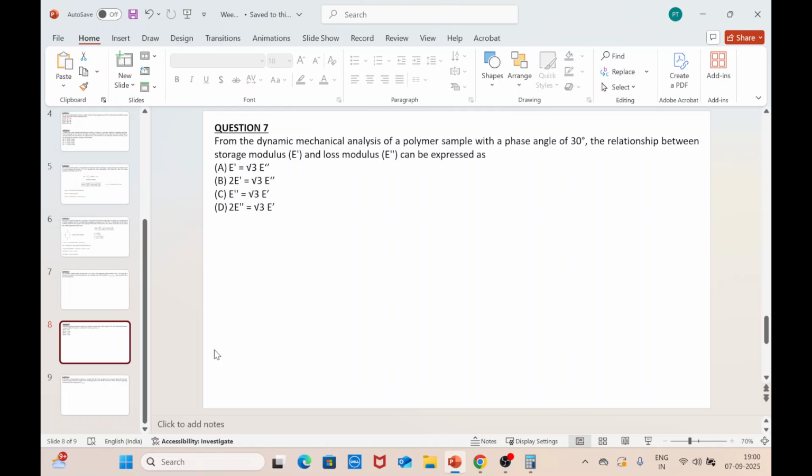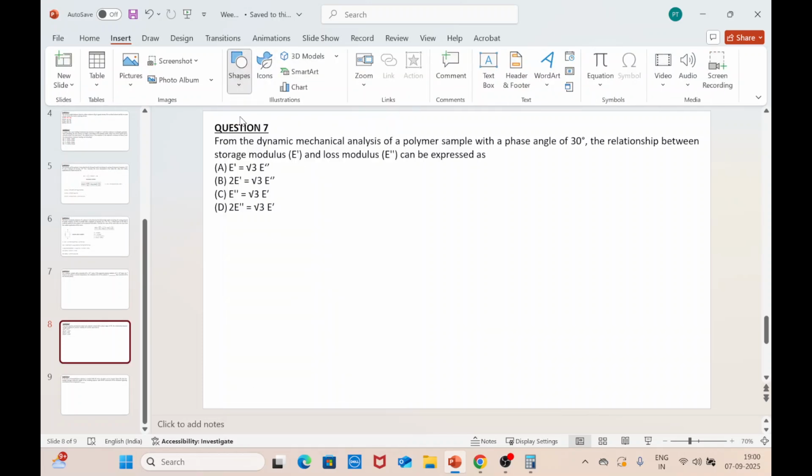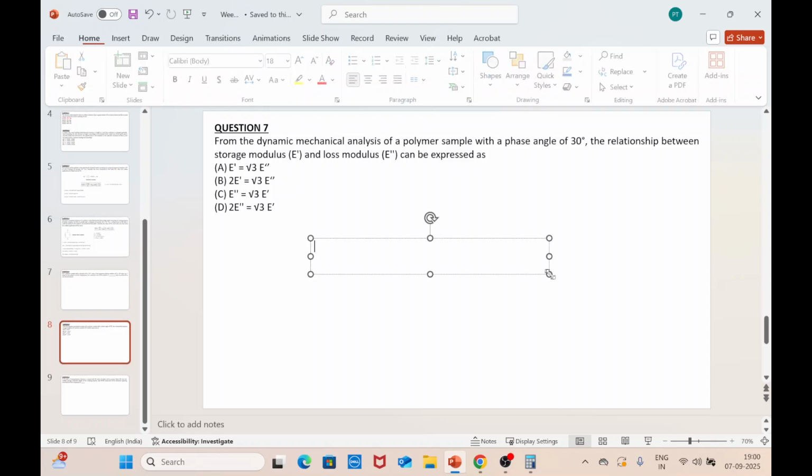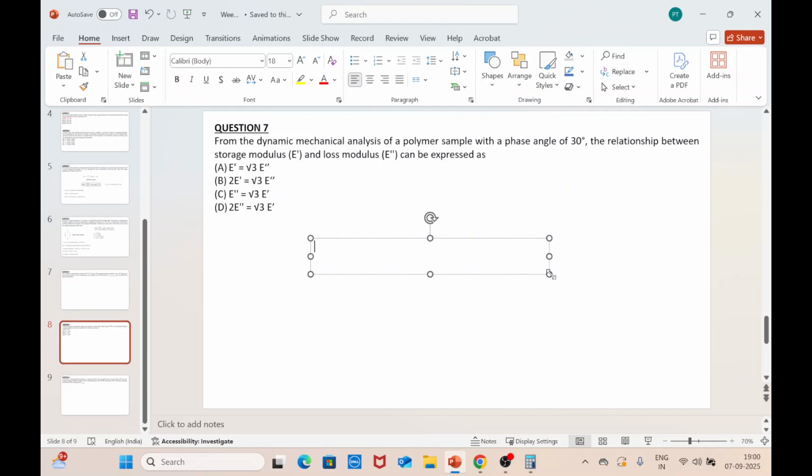Usually in case of the modulus, the complex modulus is typically represented as a sum of both the storage modulus and the loss modulus. So your storage modulus is going to be the real component of the complex modulus, and your loss modulus is going to be the imaginary part of the complex modulus.